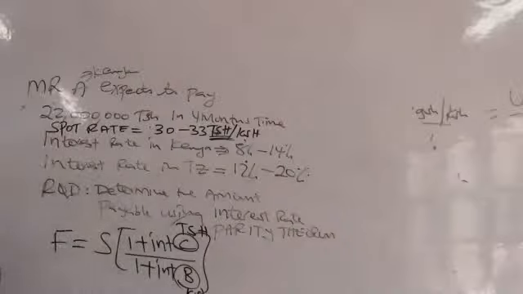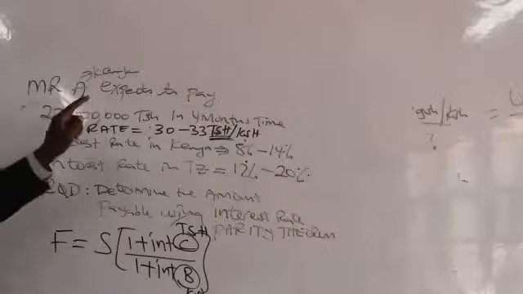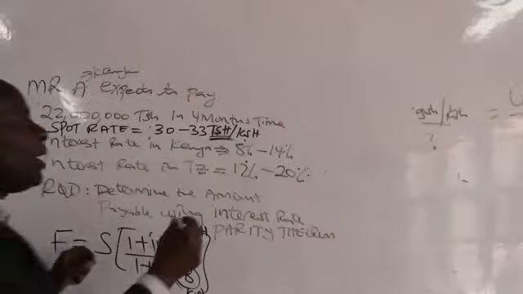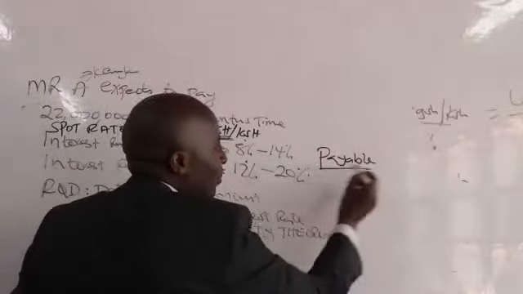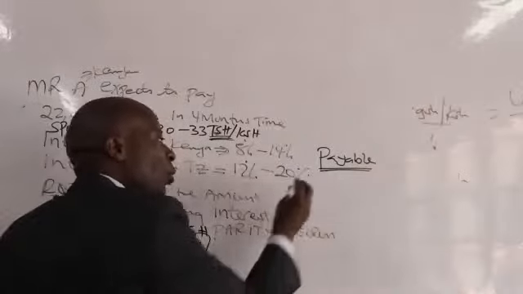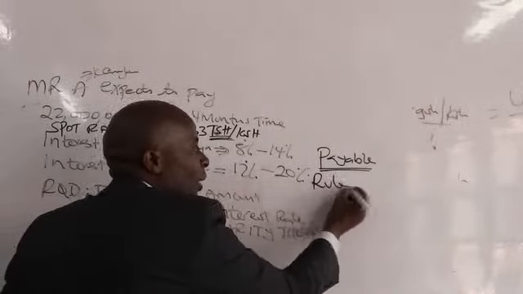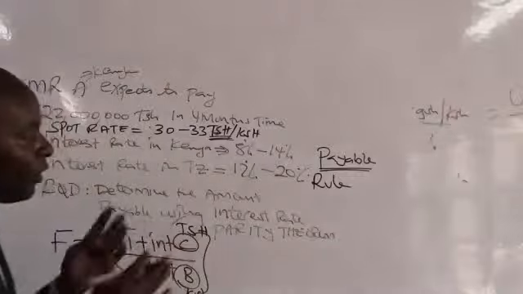Now I want you to listen very well. Remember, Mr. A expects to pay. If it is a foreign currency payable, which rule shall we use? Remember, it's like they are connecting the money market with a forward contract.